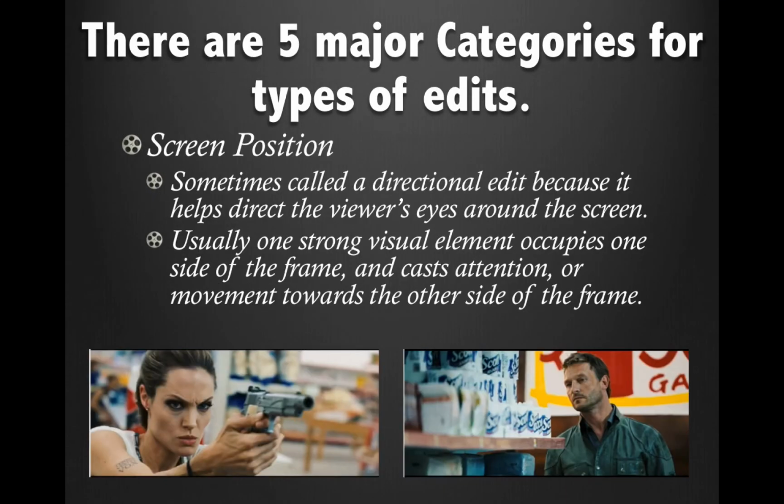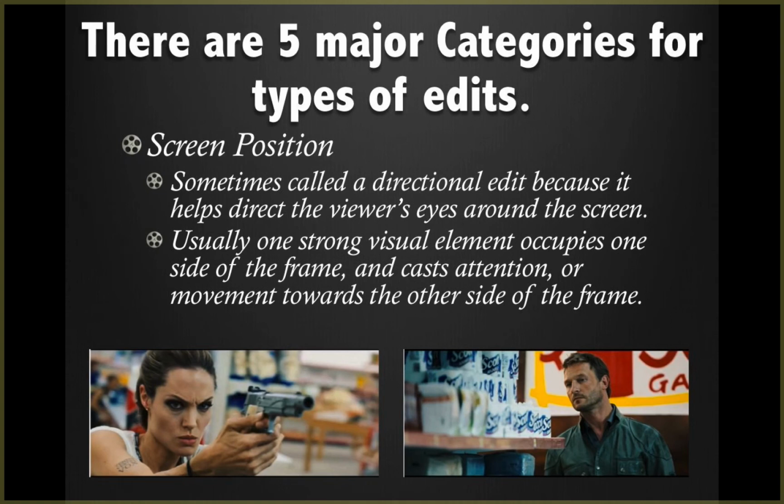Okay, screen position. Now, you may also think, well, what's the difference between this and camera angle? Well, screen position, again, it's an artistic choice. Sometimes this is also called a directional edit because it helps you direct the viewer's eye around the screen. There's usually one strong visual element that occupies one side of the frame and casts attention or movement towards the other side of the frame.